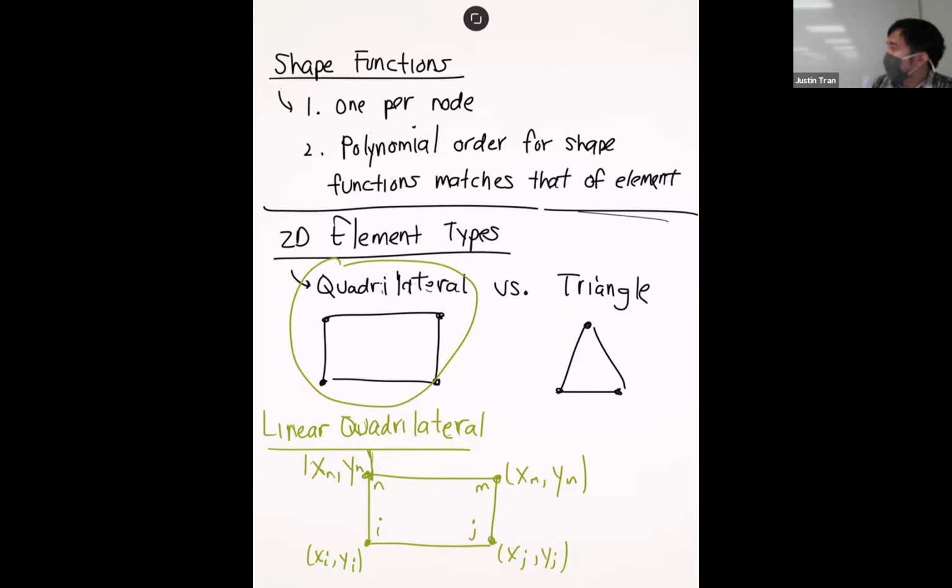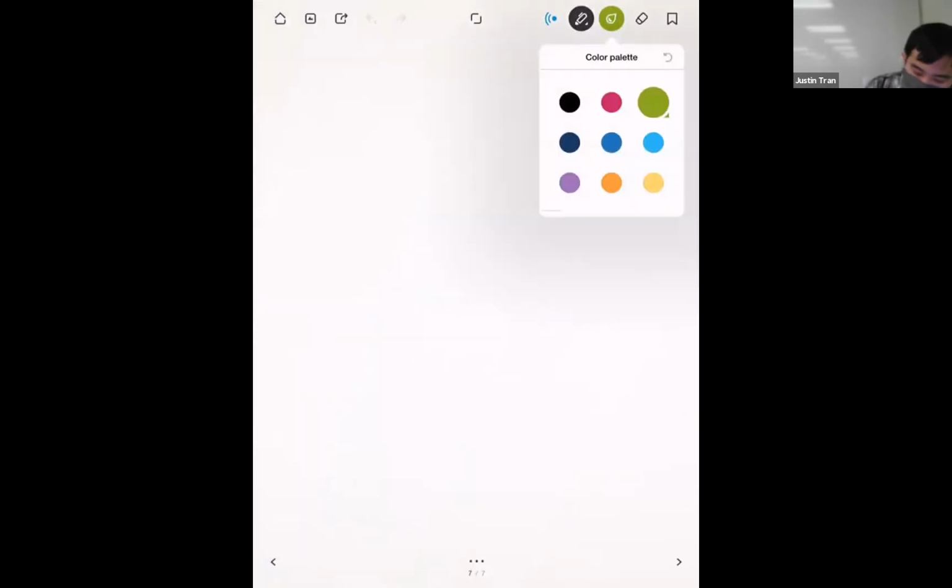Okay, let's go ahead and look at what the interpolating polynomial, or the finite element polynomial, looks like. First of all, we know that it's a linear function because we have a linear element. Because we have four nodes, we know we're going to have 4 unknowns in this function as well.